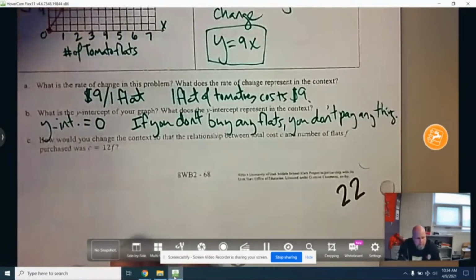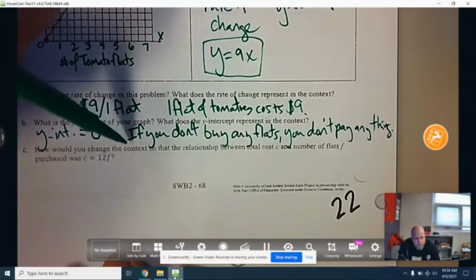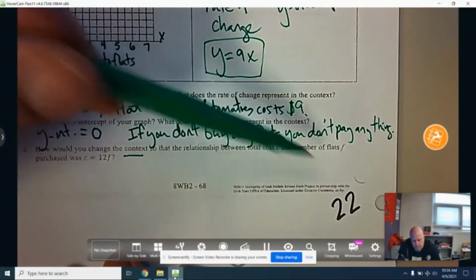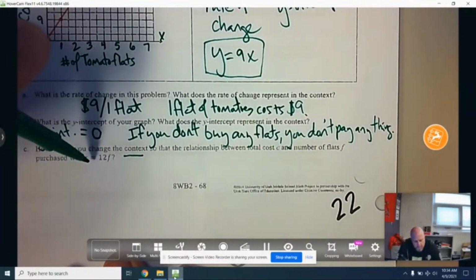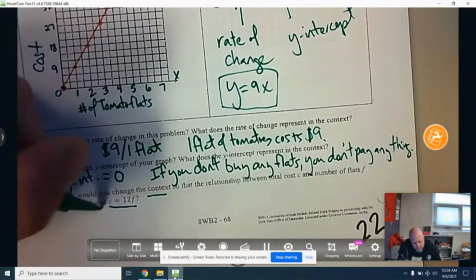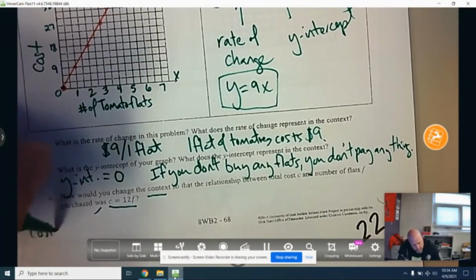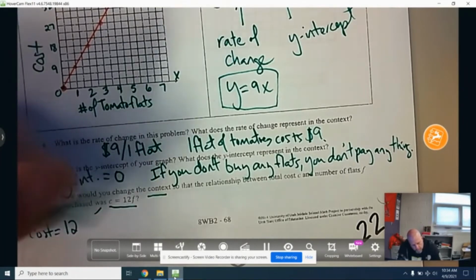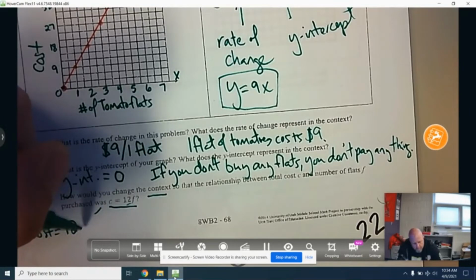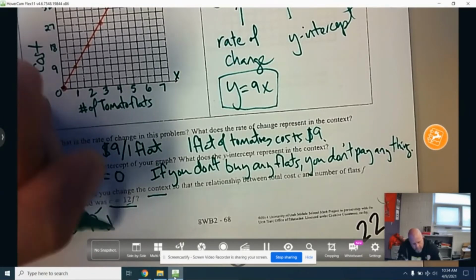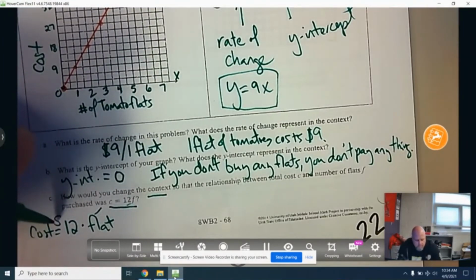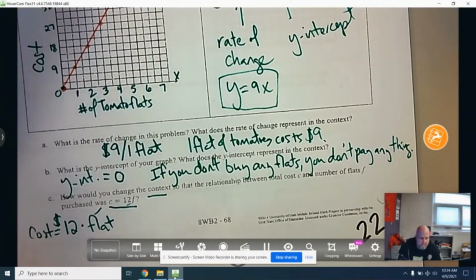All right, now let's see, it says, well, let's look, how would you change the context? Remember, context means story. So the relationship between total cost and number of flats is C equals 12F. So what they're saying here, cost equals 12 times F, so 12 times a flat, which they're basically telling you that the cost is now $12 a flat.